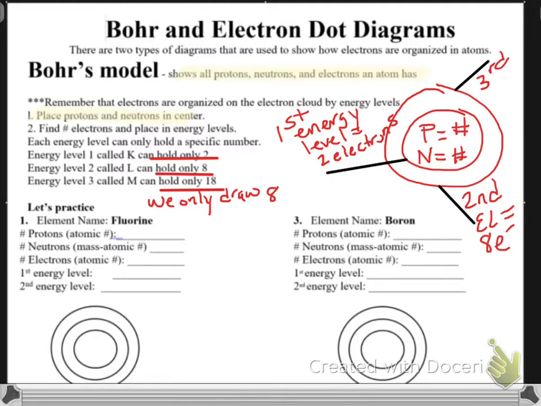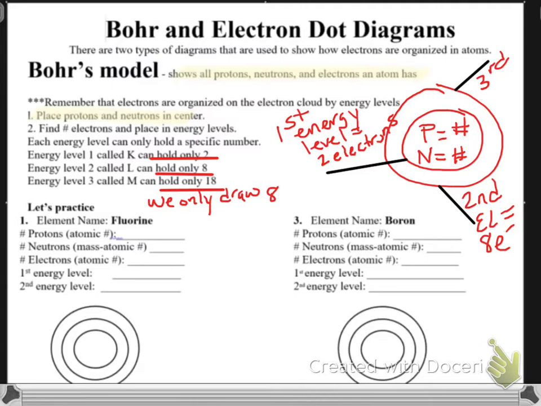These two models we're about to talk about have been around for a long time. Bohr's model is from the early 1900s, and it's flat, and it's not as accurate as today's model, which is an electron cloud model, the one you see with the electrons moving around in 3D.